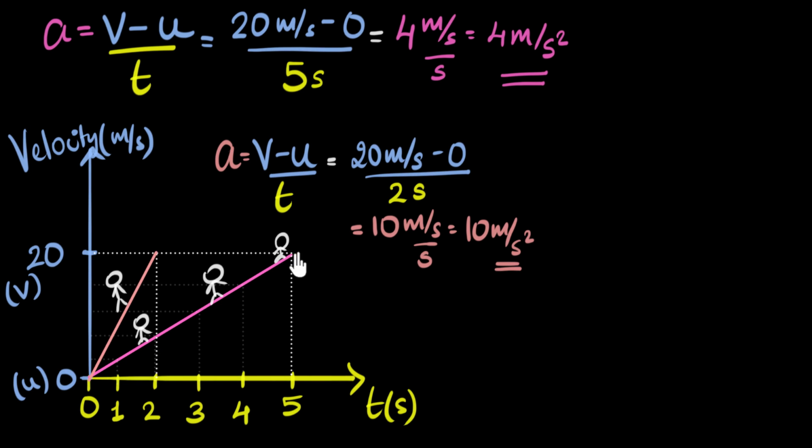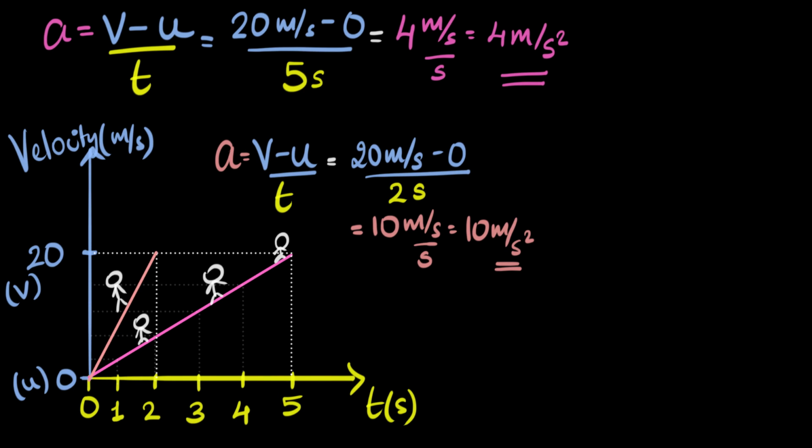Since the steepness remains the same, and the steepness represents acceleration, we can also say that the acceleration of that cheetah is a constant. Meaning the cheetah is gaining velocity, its velocity is changing, but its acceleration does not change with time. It means every second it will gain 4 meters per second of velocity, constant acceleration. Similarly, even for the deer, it's a constant acceleration.